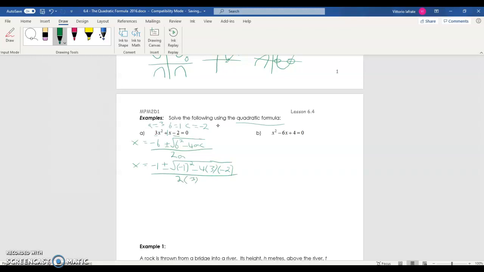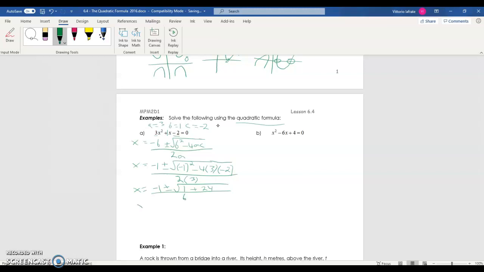And now we can clean it up and simplify a little bit. So x is equal to -1 plus or minus square root of, so -1 squared is 1, minus 4 times 3 is 12, minus 12 times minus 2 is 24, so plus 24, all over 6.